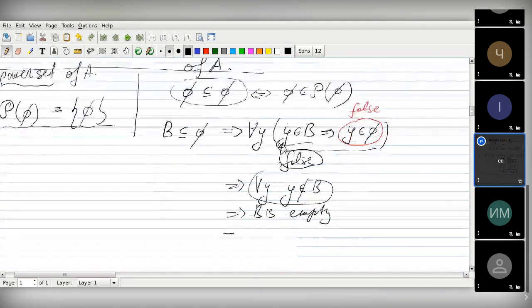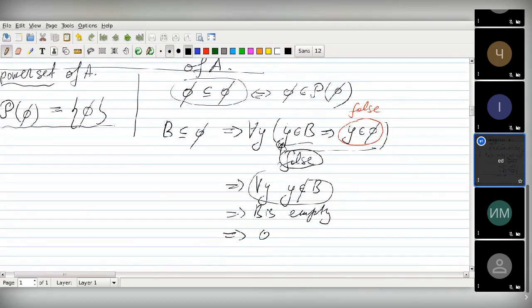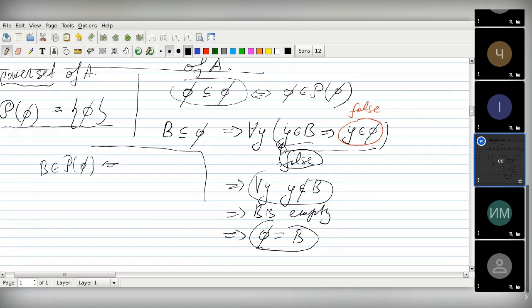Yet we know that this set is the only empty set. Hence, B is the empty set. So in general, we have that B is an element of this set if and only if B equals the empty set.